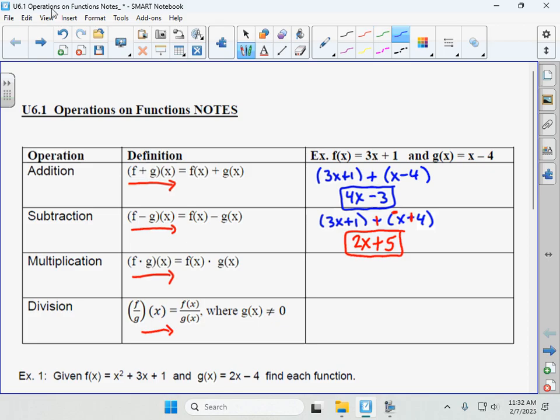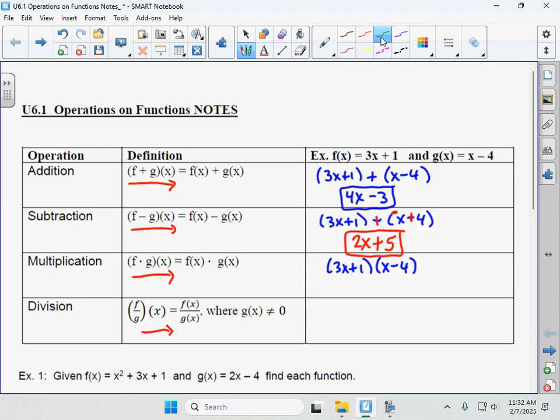All right, multiplication. So here again, parentheses is going to be kind of important, because if you're multiplying 2 binomials together, or trinomials, you want to double distribute. All right, so we're going to double distribute, and then we can collect like terms.